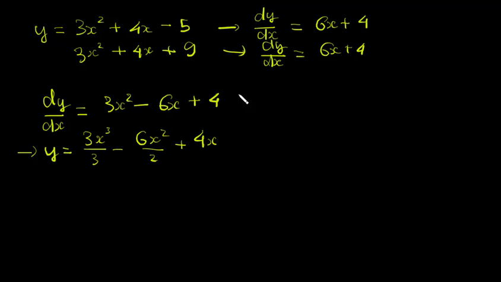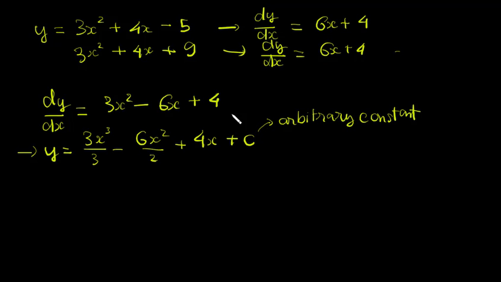Now we don't know what the constant term is, so we add c. c is a denotation for a constant, because we don't know the exact number of c. So now we'll find a way to find c.